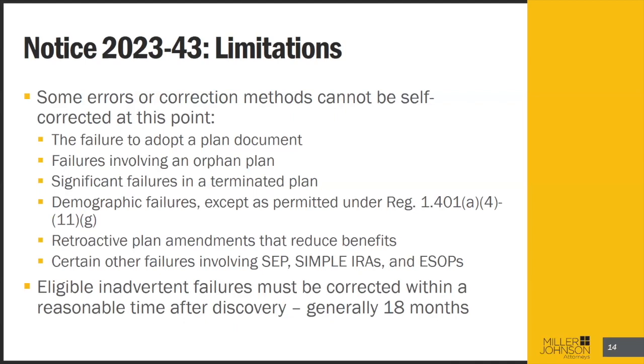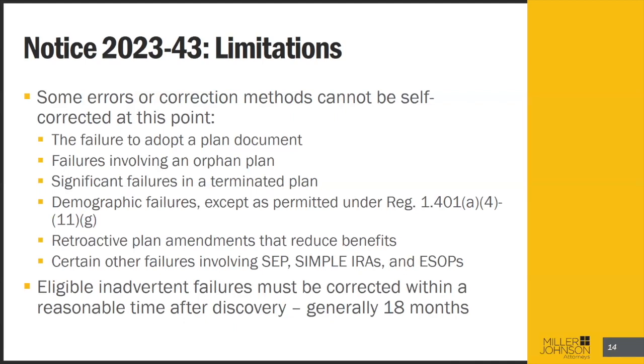You've not been able to go back through a retroactive amendment to make the plan document align with your operations, because in that case, doing that would be less favorable to participants, because you're retroactively amending the plan basically to take away that benefit of counting that compensation.